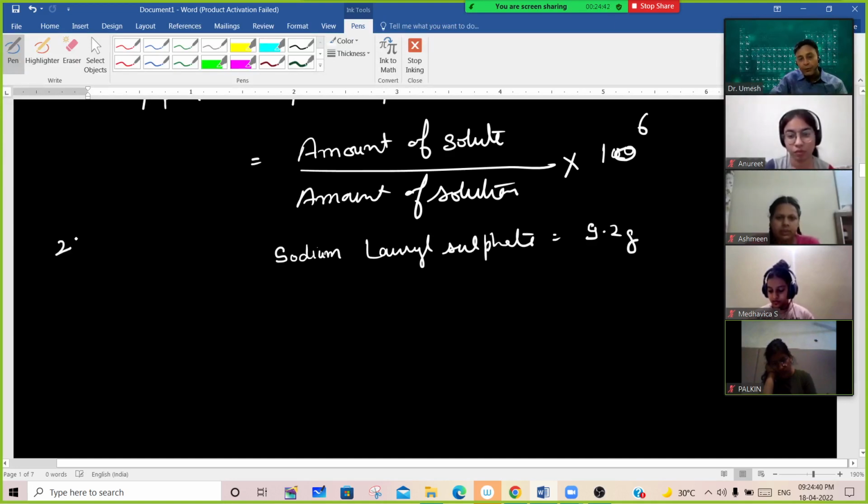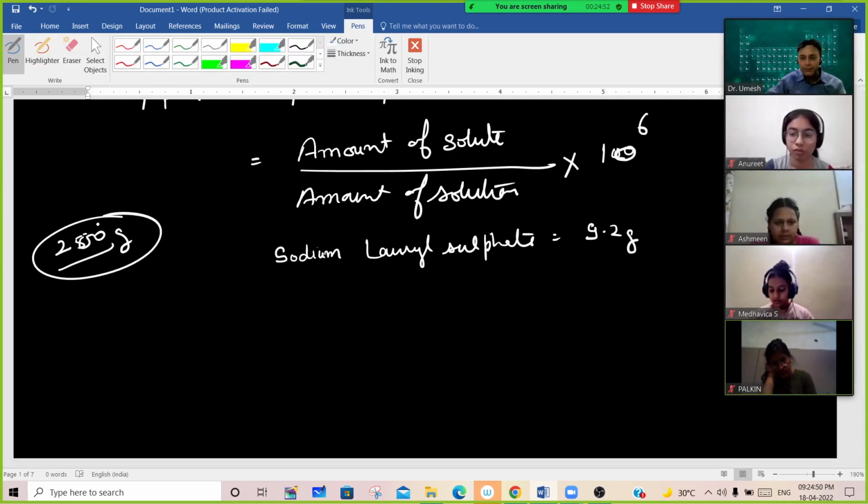I'm talking about 250 grams or 200 grams of toothpaste of any company. Maybe of Colgate, maybe of any other, Close Up or anything. Another is the fluorine. They will write as 400 ppm. They will not write in terms of grams. They will write in terms of 400 ppm.